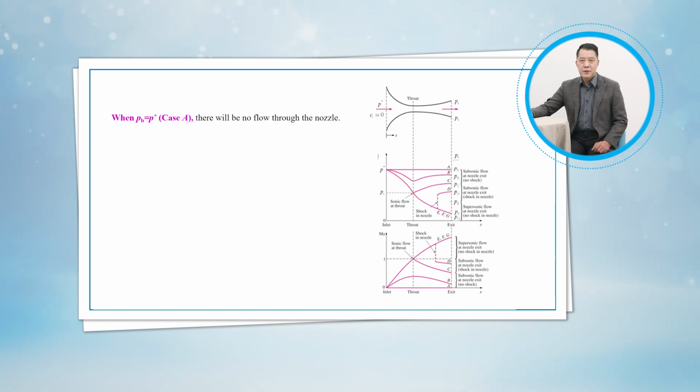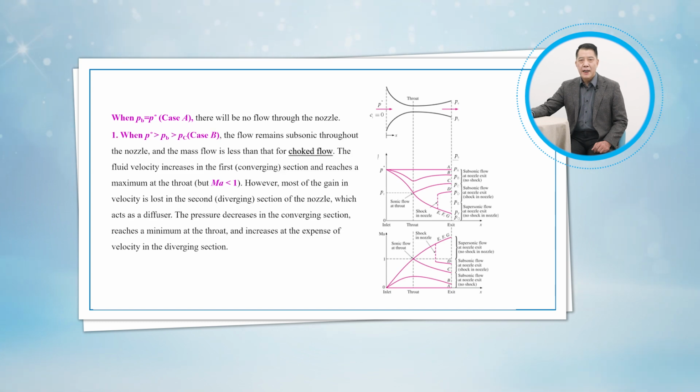There is no flow through the nozzle. This is expected since the flow in a nozzle is driven by the pressure difference between the nozzle inlet and the exit. Now, let's examine what happens as the back pressure is lowered.